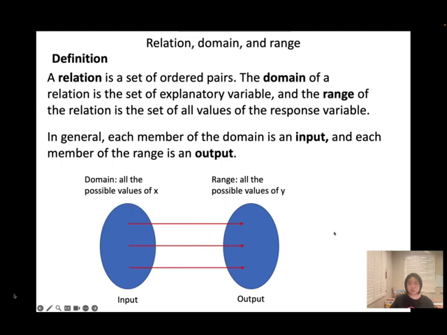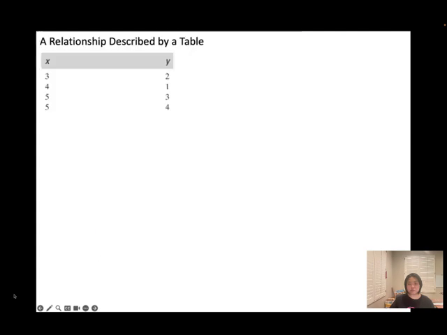So this is going to be the relation. The domain we also call the explanatory variable, and the range we call the response variable. A relationship described by a table. We do have the ordered pair, you could write it as an ordered pair. Frequency 3, 2.